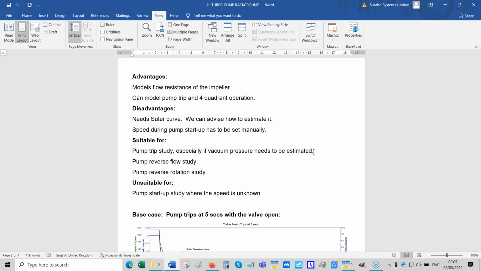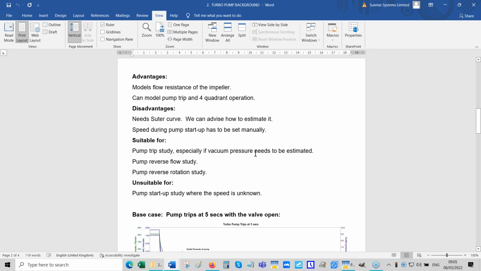And for fiberglass pipes, the minimum operating pressure is not even full vacuum. It can be minus 0.3 bar gauge or something like that. So it's eminently suitable for cases where the pump trips, especially where the vacuum pressure needs to be estimated.